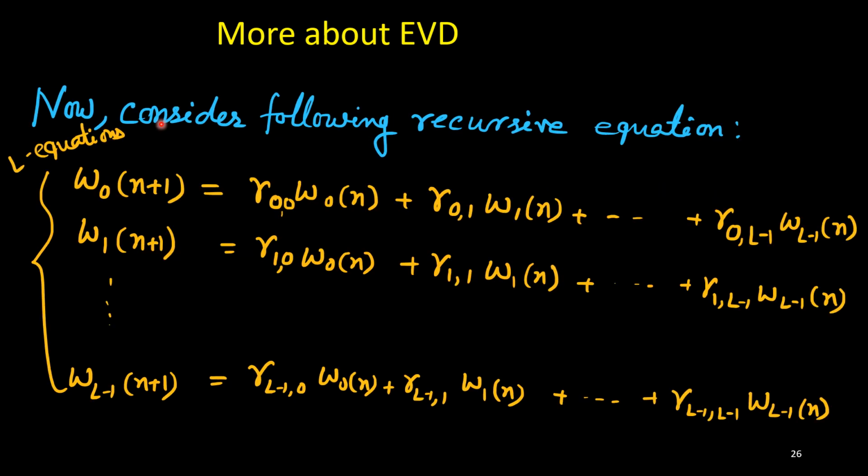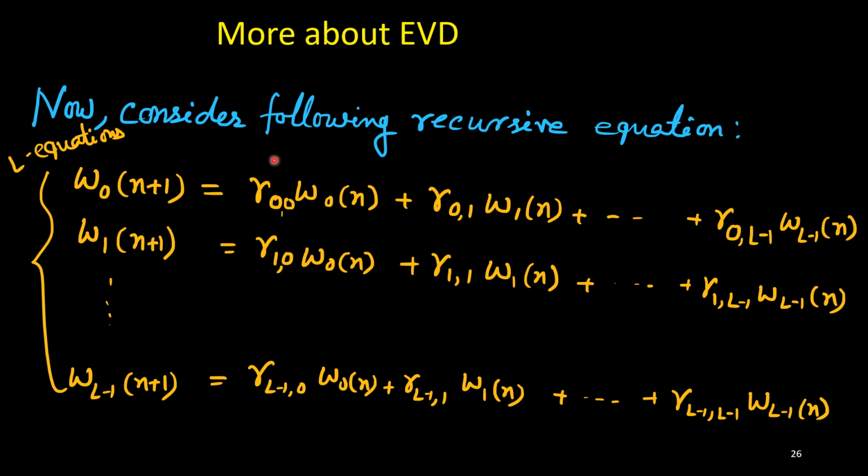But if I consider this kind of recursive equation, W0 n plus 1, W1 n plus 1, there are L such equations, and the first equation looks like this: W0 n plus 1 equals some constant times W0n, some constant times W1n, and like that, some constant times WL minus 1 n.